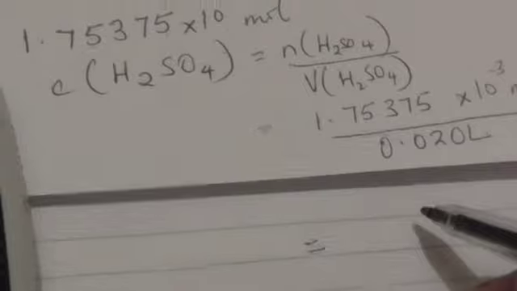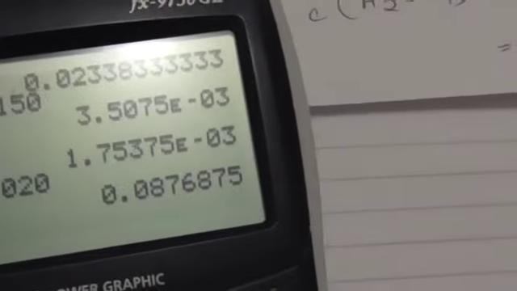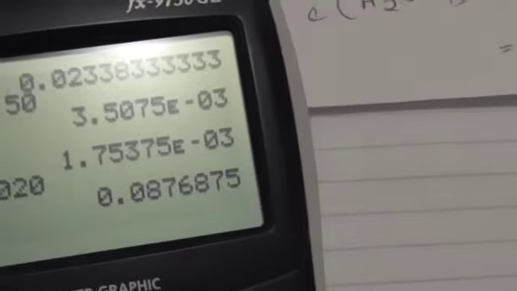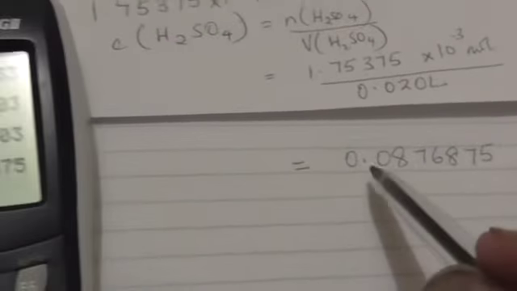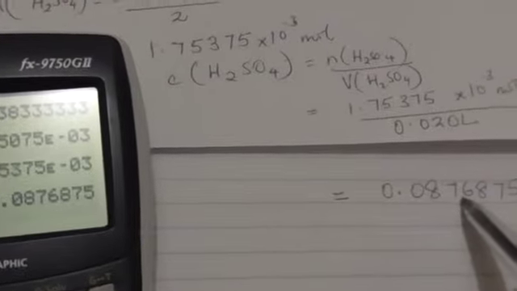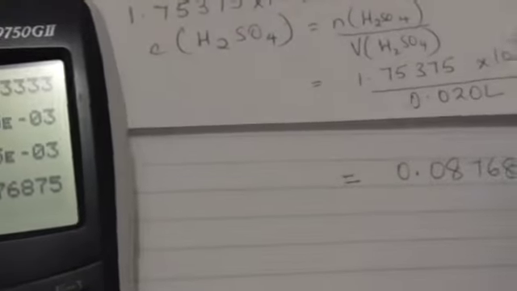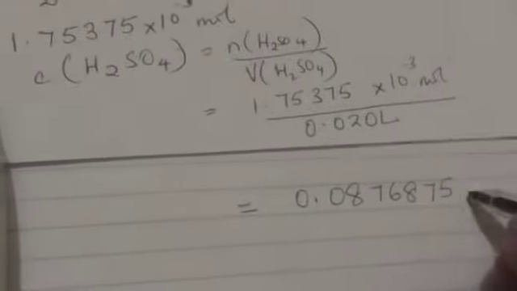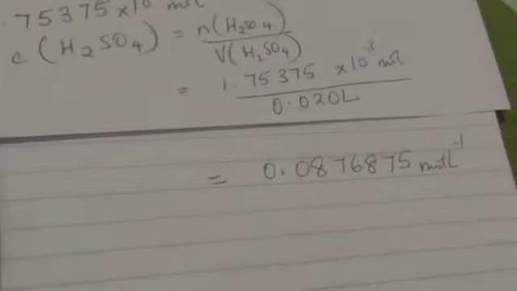So that's equal to, going to my calculator, 0.0876875. You just make sure that you're copying all the numbers correctly. That's 0.0876875, and the unit is, you have mole on top and liter down here, so it's going to be mole per liter, which is for concentration.